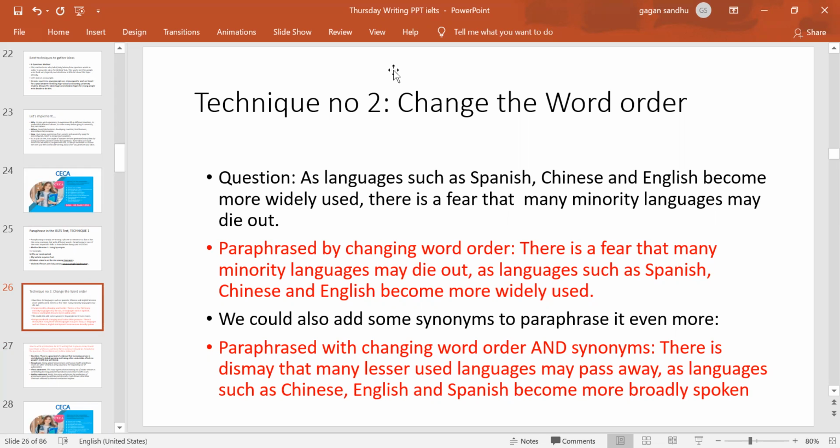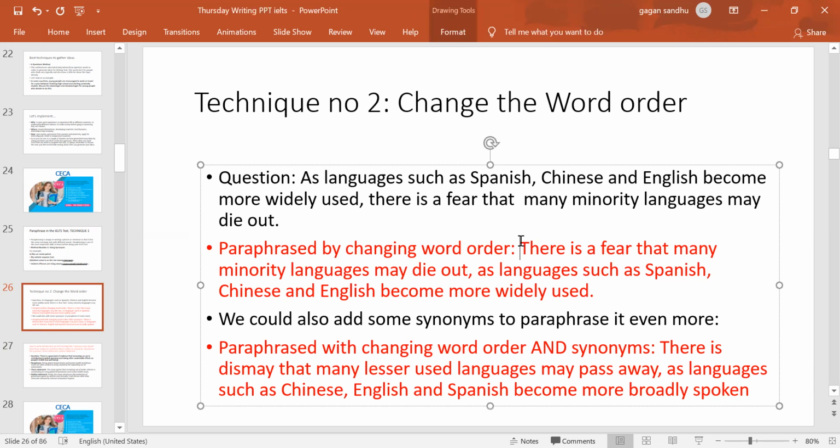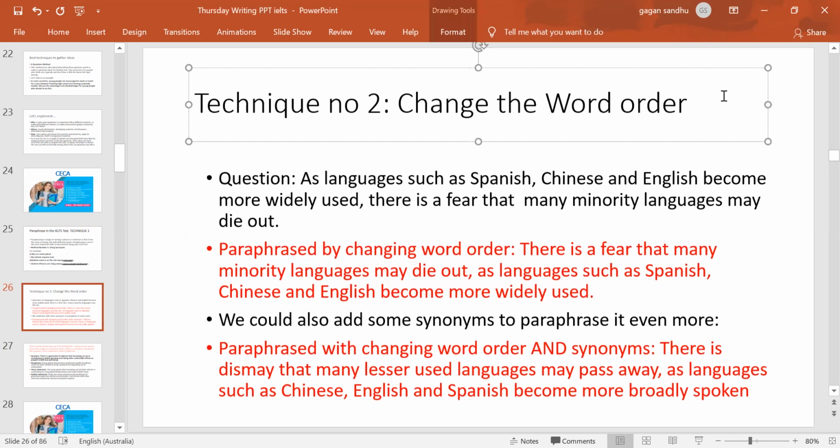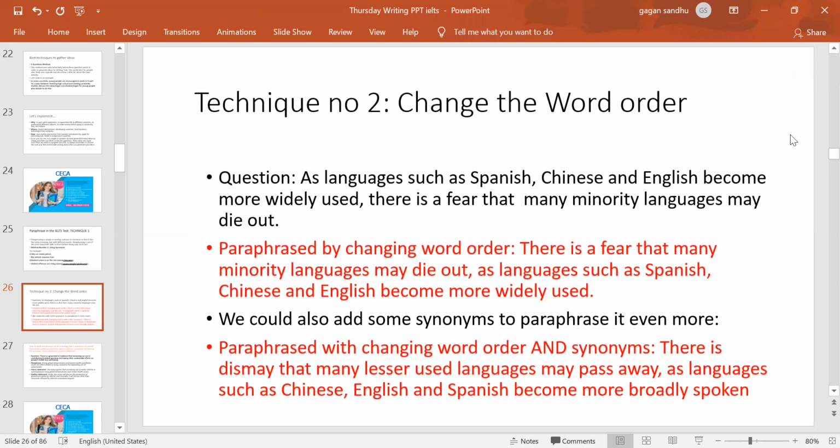So this is what I can do in that situation. Change the word order, right? So this is the later part: there is a fear that many minority languages may die out, and this is the former part: as languages such as Spanish, Chinese, English become more widely used. So I'm bringing the later part first in the statement and the former part at the later position. So this will give it a new look, but definitely it's not much recommended.